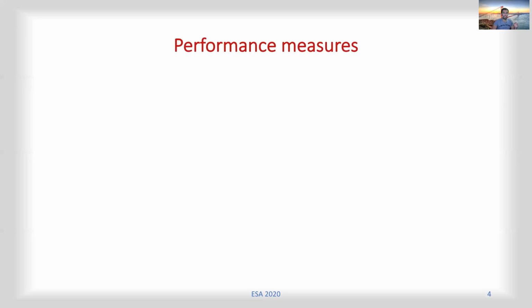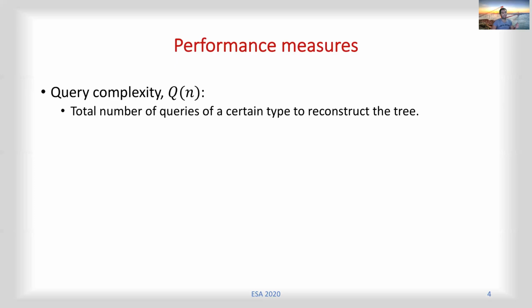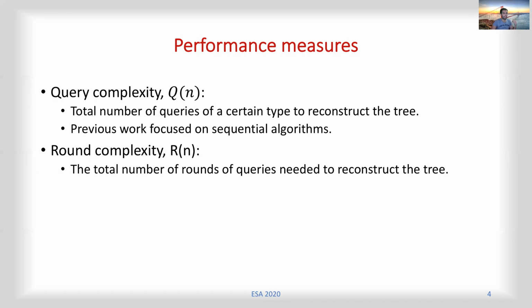So in this work, we have 2 performance measures, and the first one is the total number of queries issued to reconstruct the tree. And previous work only considered this performance measure because they were mostly focused on sequential algorithms.